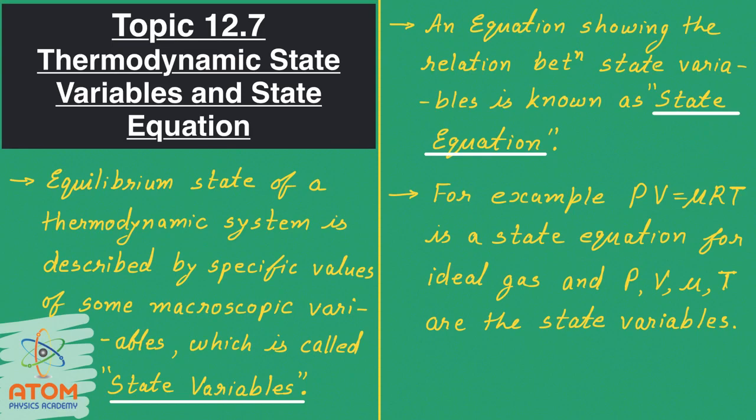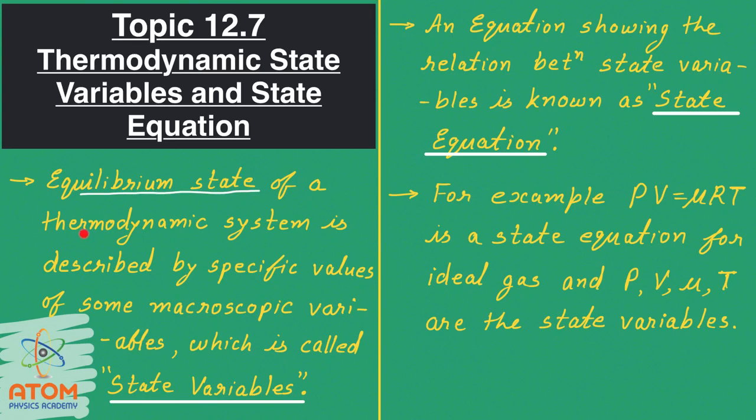Now let us see topic 12.7, that is thermodynamic state variables and state equation. Equilibrium state of a thermodynamic system is described by specific values of some macroscopic variables which are called state variables. See, this is very important, that the thermodynamic system should be in equilibrium state.